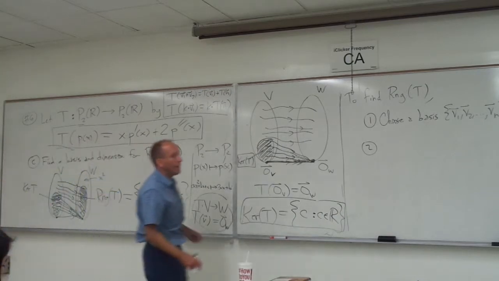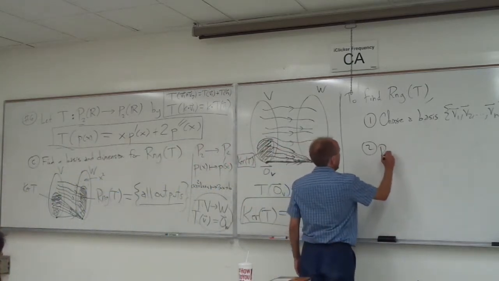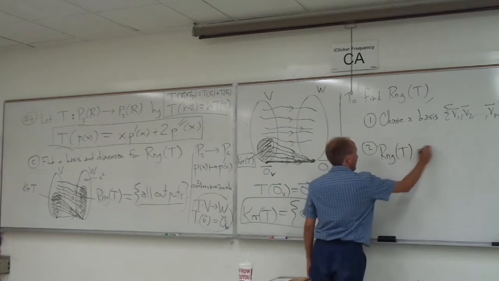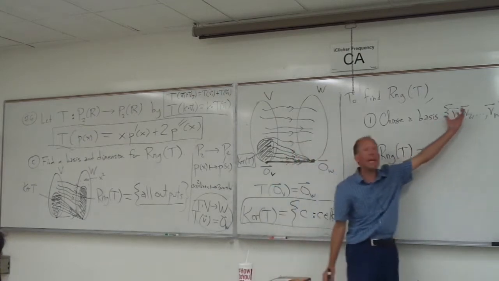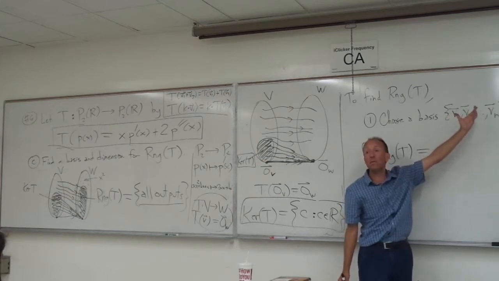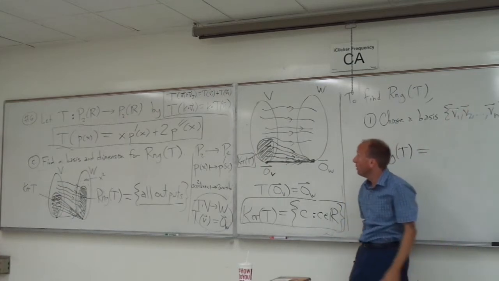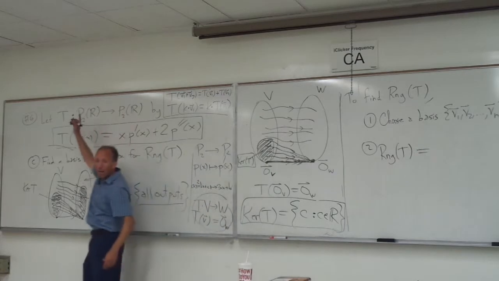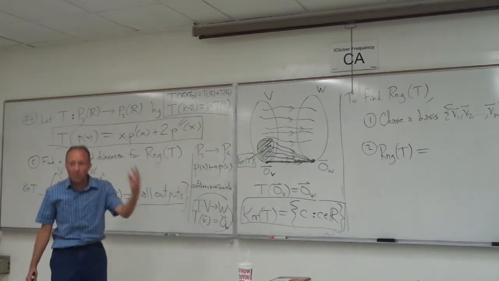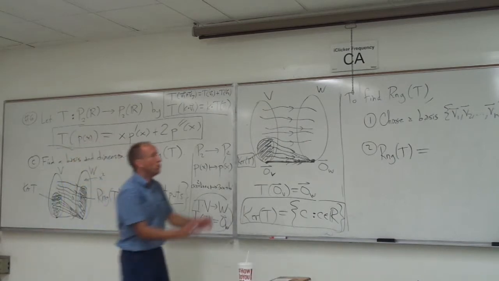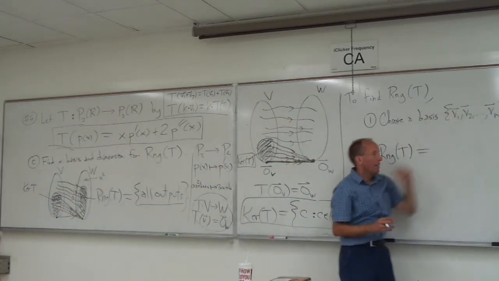And then the second thing is, there's a very simple formula for the range of t. After you choose, by the way, you can choose any basis you want. It doesn't matter. You may as well choose the easiest one that you know. So like if it's p2 of r, I would suggest the basis should be 1, x, and x squared. So you choose the easiest basis that you know. It doesn't matter which one.